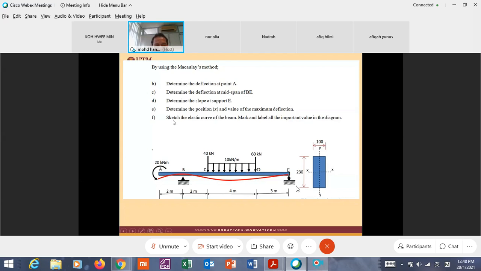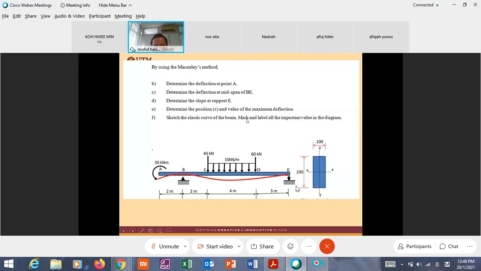Then mark and label all important values in the diagram. To me, the only part that needs you to work more and spend time on is the E value.